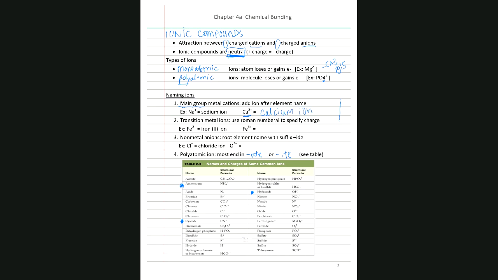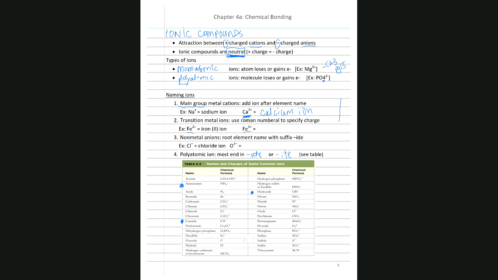Easy peasy. The transition metals have this ability to lose different numbers of electrons, so they can form multiple ions. So calcium really only forms a 2+ ion. It only loses 2 valence electrons, but iron can lose 2 or 3 valence electrons.